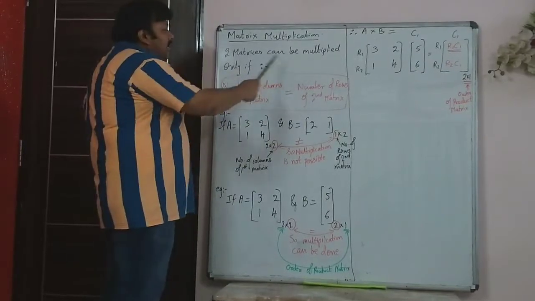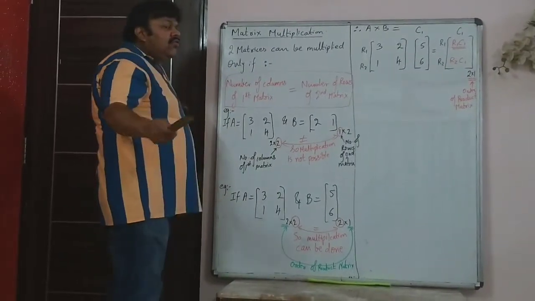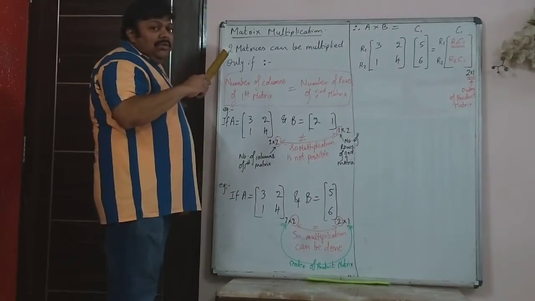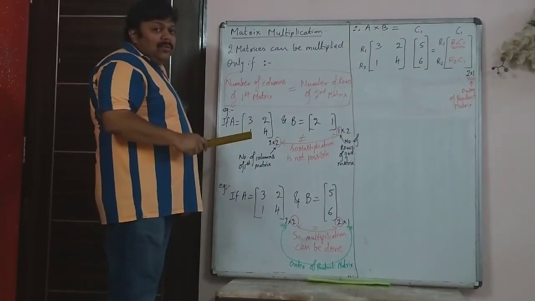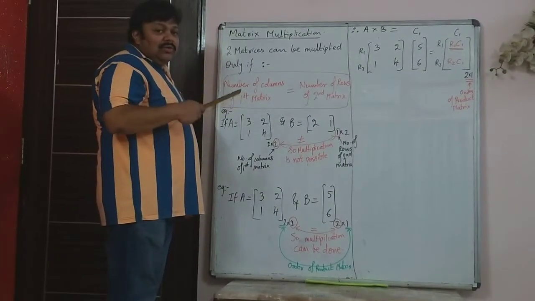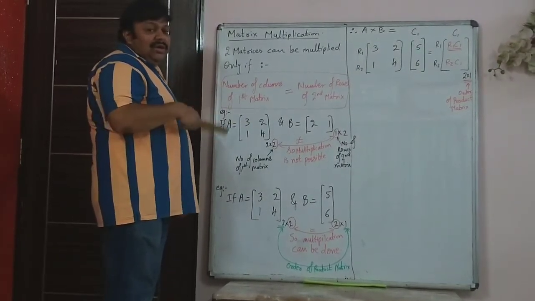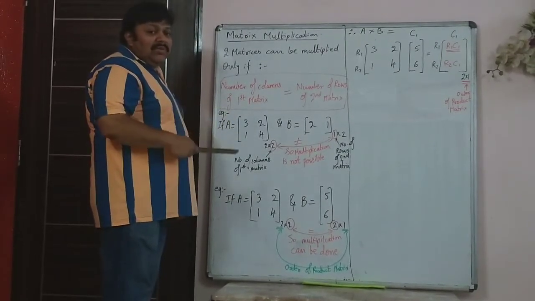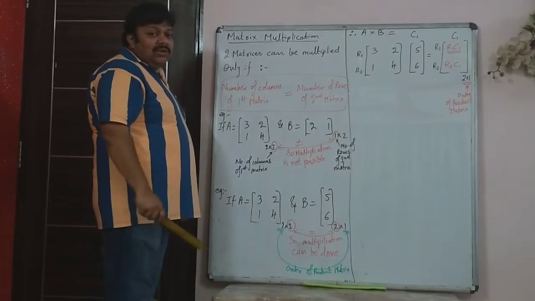So two matrices can be multiplied. I had shown you matrix multiplication as an example, but I told you that don't bother about the multiplication part in that class. I had told you just bother about the logic. I had given you the first matrix, which was team A, B and C, gold, silver and bronze medal.